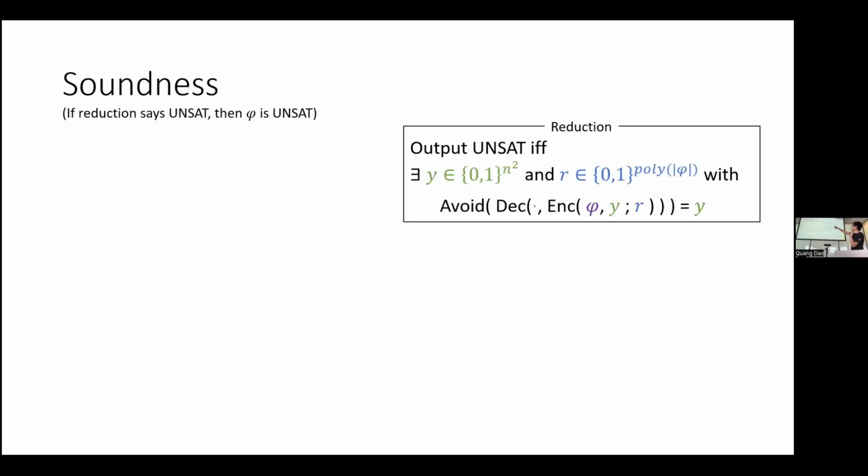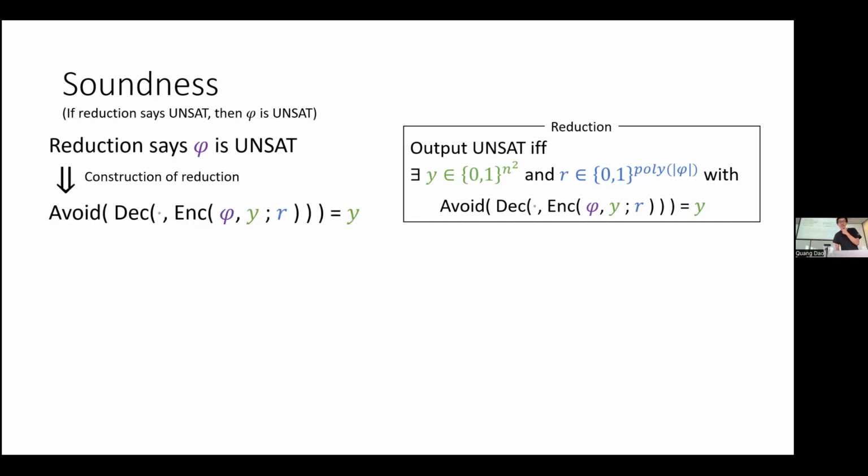Okay, so let's first prove the simple side, which is soundness, which means if the reduction tells you that it is an unsatisfiable string, then it must be unsatisfiable. So let's see. If the reduction says that phi is unsatisfiable, then it means there exists a y and an r such that this is true.